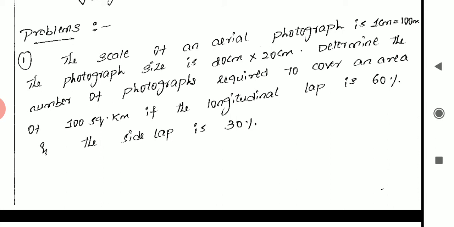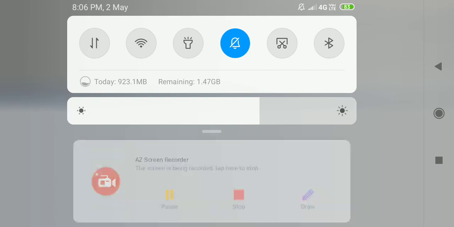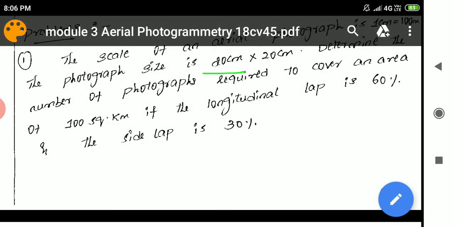Okay. I will explain what that is. So L equal to 20 centimeter, length equal to 20 centimeter, width equal to 20 centimeter, PL equal to 60% and PW equal to 30%.